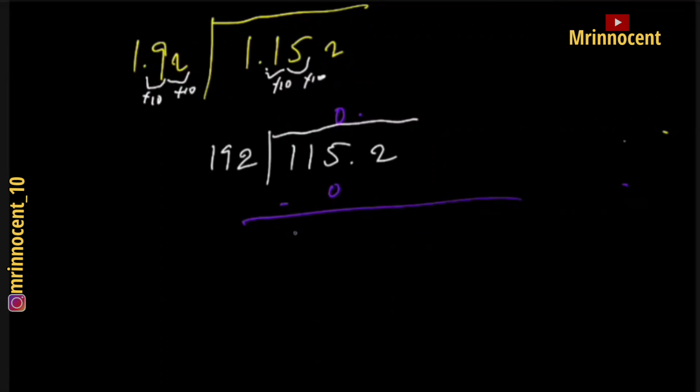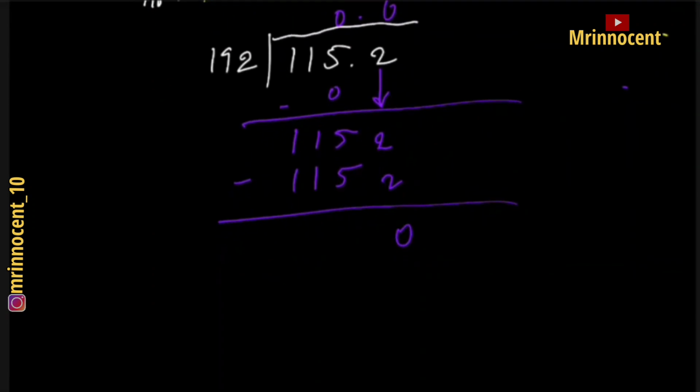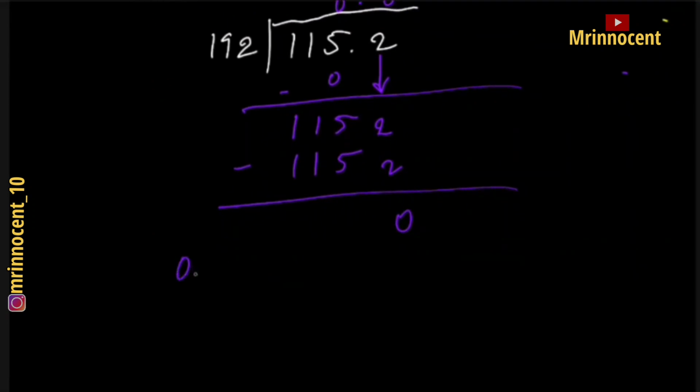When you subtract it, you have 115. 192 divided by 115 cannot, bring down your 2. 192 divided by 1152 is 6. 6 times is 1152. So when you subtract it, you have 0. So your final answer is 0.6.